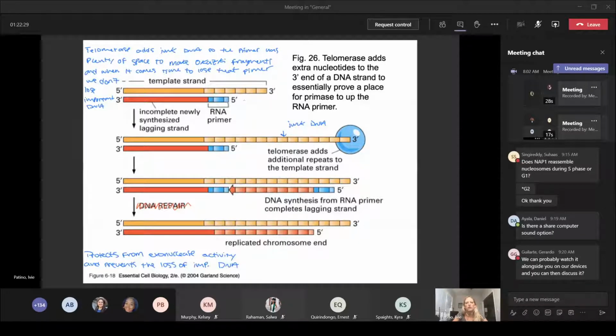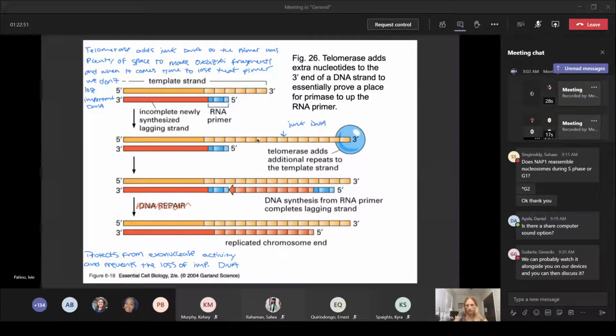So here we have an RNA primer. This region right here is not going to get synthesized or replicated because we don't have space for another primer over here to be laid down and then DNA polymerase to come in. So that's why we have telomerase adding this junk DNA over here.